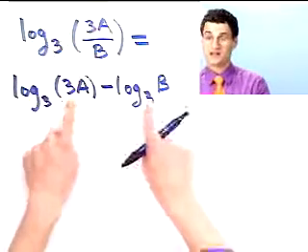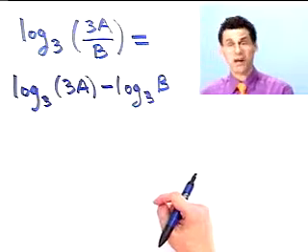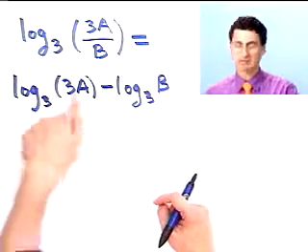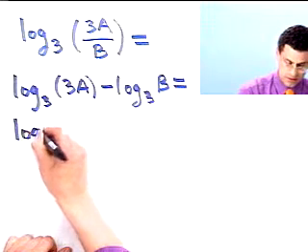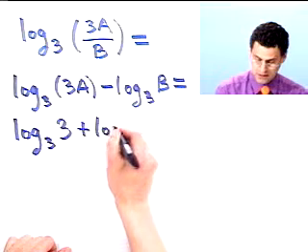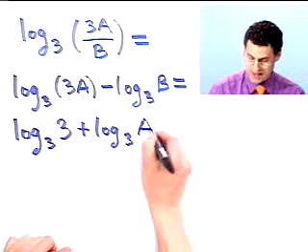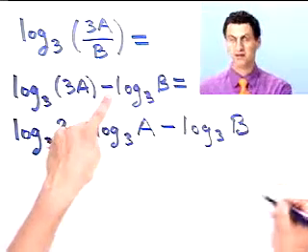What about the 3a? Well, that's actually a product. So the log of a product is the sum of logs. So in fact, this equals log base 3 of 3 plus log base 3 of a, and then I still have this term, minus log base 3 of b.